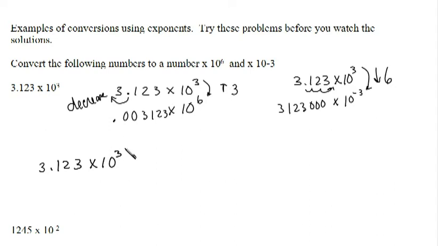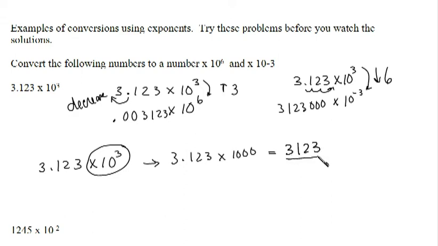So if I want to get rid of this times 10 to the 3rd, all I need to do is say it's 3.123 times 1,000, which is equal to 3,123. So that is the number. Another way to do it is, 10 to the 3rd means you move it to the right 3 places. So 1, 2, 3, which is also 3,123.